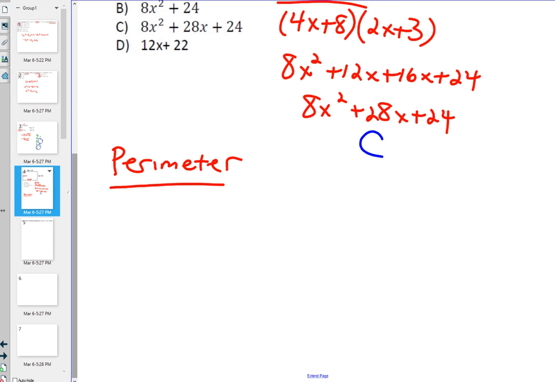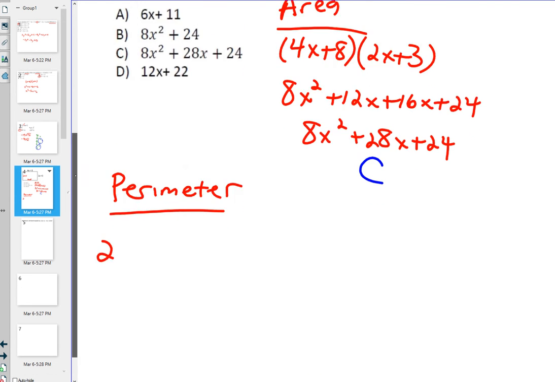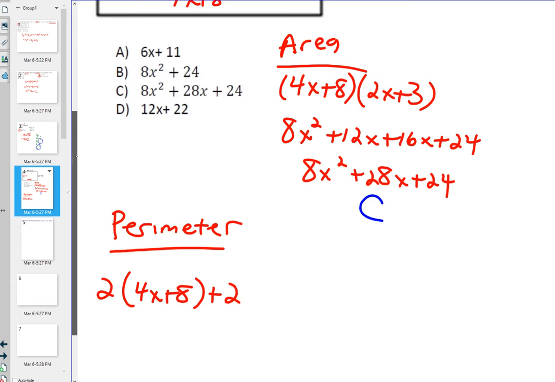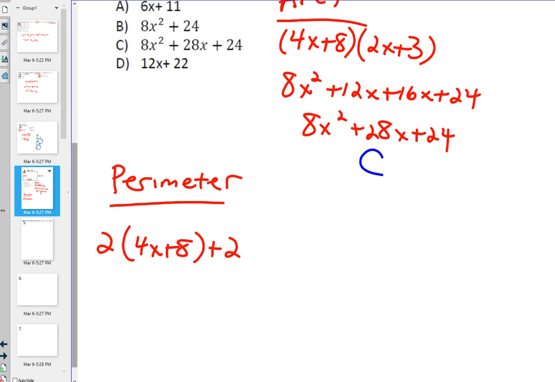It's not as common as the area, but it is used in books, and they just tell you that the perimeter is really two lengths, which the lengths were 4x plus 8, plus two widths, which is 2x plus 3. Again, you didn't have to find it this way, but it's just another way of doing it. There's two of each, and the key is that they're being added.